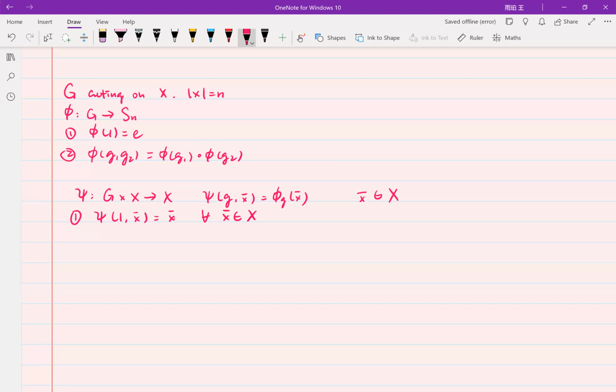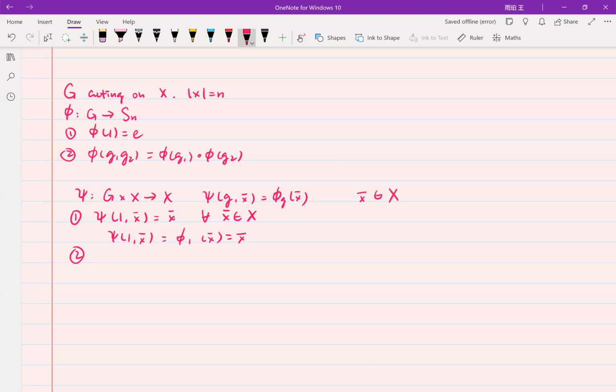This is intuitive since psi of 1, x bar equals phi subscript 1 of x bar. And from the properties of homomorphisms above, this would always equal x bar.